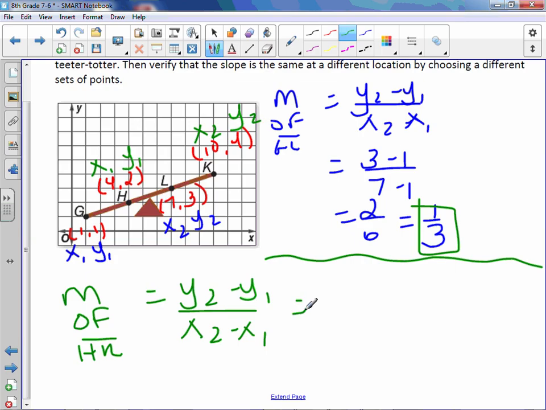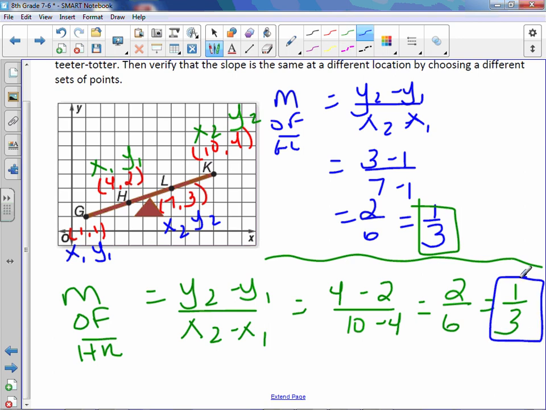So we have 4 minus 2 over 10 minus 4, which is 2 over 6, which also reduces to 1/3. So the slopes are the same at any 2 different points.